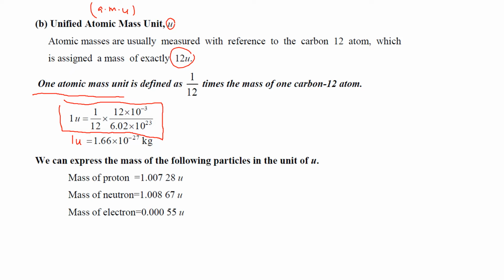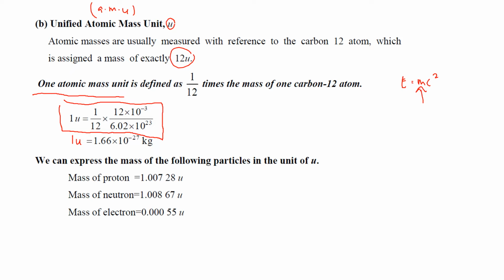To substitute in the equation E equals mc squared, make sure that m is in kilograms. That's why you need to know the conversion of the unit when you want to change from U to kilograms.